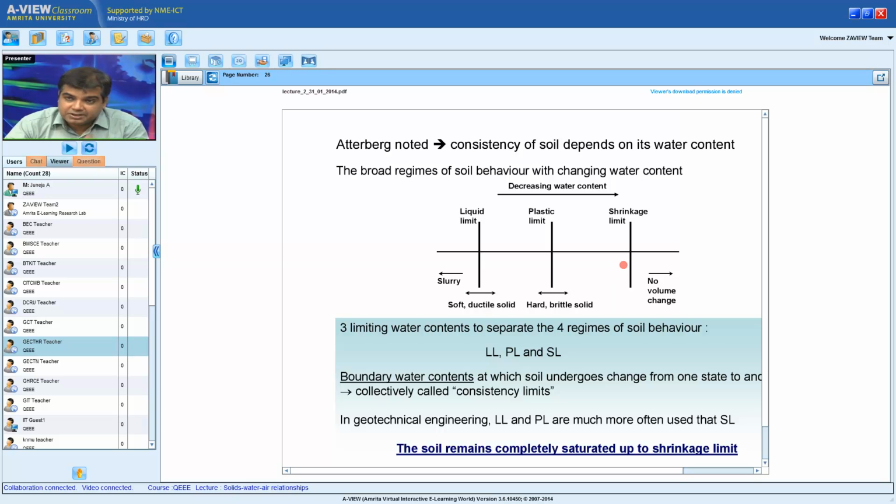There won't be any change in volume below this. In fact, this shrinkage limit is important for us because somewhere below it, let me draw an imaginary line over here, your degree of saturation is still 1. Remember, starting from here, if you go down to this value, the degree of saturation is still 1.